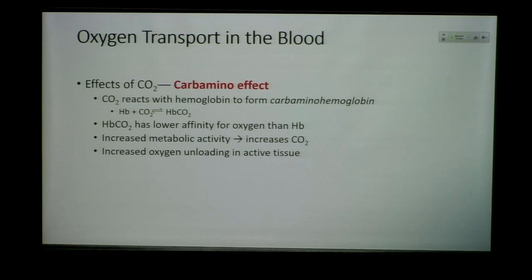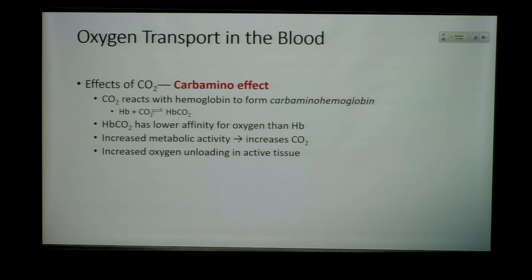So CO2 reacts with hemoglobin to form what's called carbaminohemoglobin. And so if we have hemoglobin plus CO2 and they bind, we talked about the fact that hemoglobin does have the ability to move some carbon dioxide around. So there are three mechanisms for transporting carbon dioxide. We're going to speak about the other two, but carbon dioxide can be carried on hemoglobin to a lesser extent.